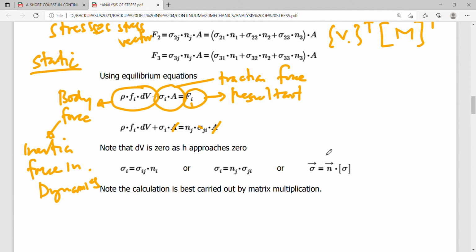Or in terms of vectorial or matrix operation, this is simply the stress vector sigma is equal to the normal vector multiplied by the stress matrix sigma. So you call this now the formula for a traction vector or a stress vector.